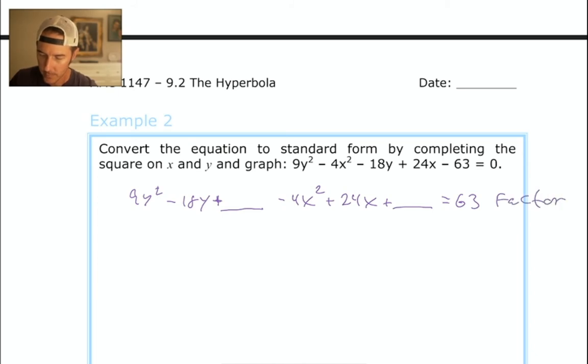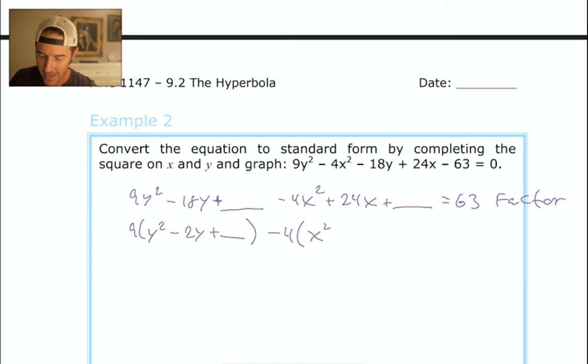And we'll take a 9 out of these two terms. y squared minus 2y. Here's where we're really going to be adding in that new value. And then here's where you have the potential to get tripped up. I'm going to factor a negative 4 out of these two terms. So here's the negative 4 that I'm reverse distributing away from the x squared.